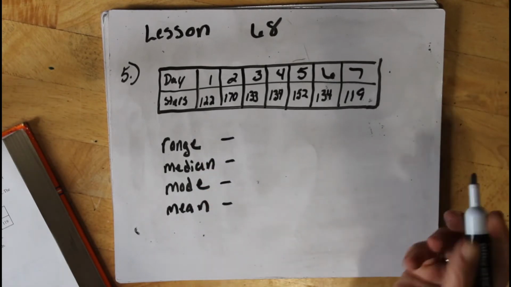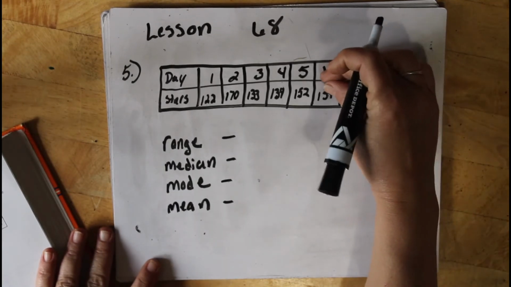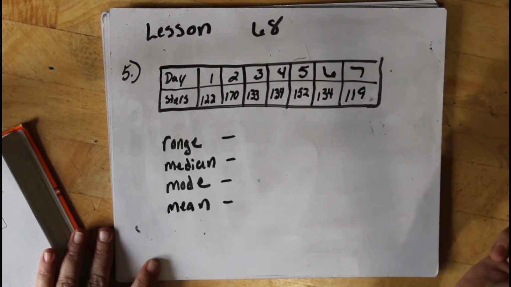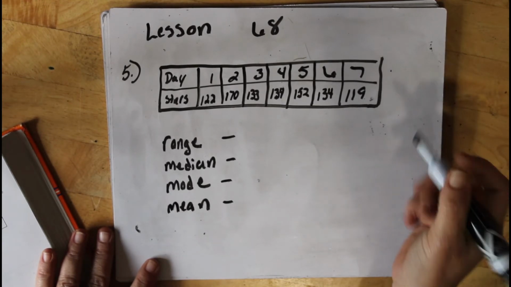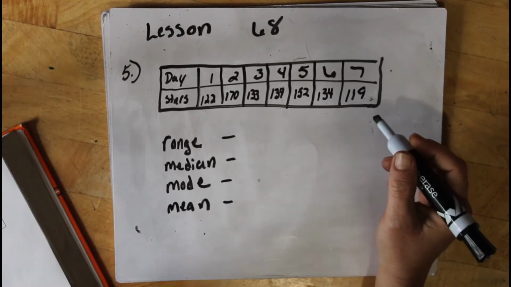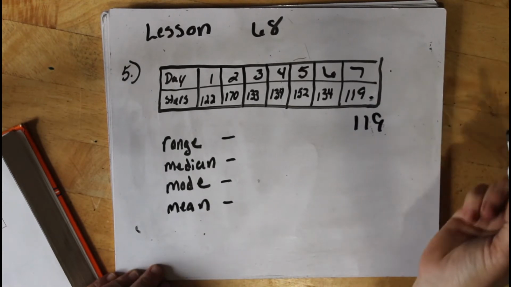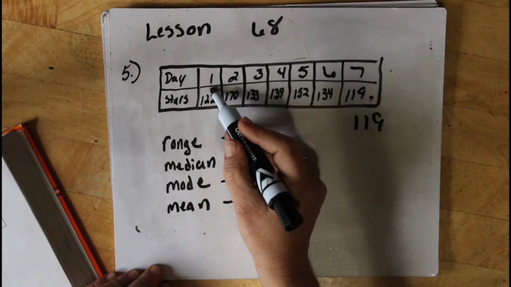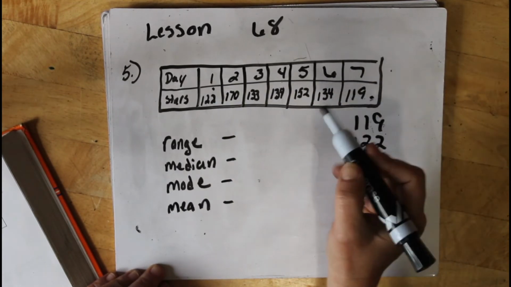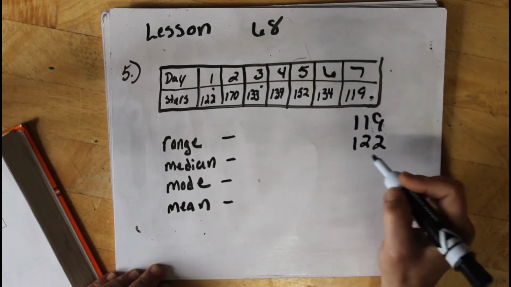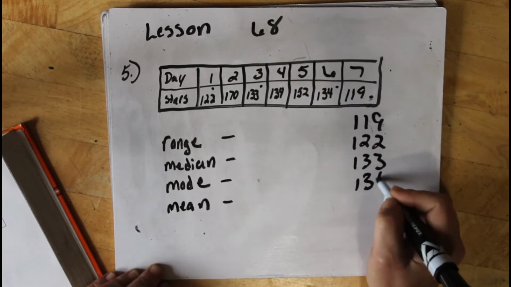and mean. Alright, range is going to be, that's an easy one. You just take the highest number and you subtract the lowest number. So usually the best thing to do with these problems first is to put them in order from least to greatest. So 119 is our lowest number, and then 122, and then 133, and then 134.